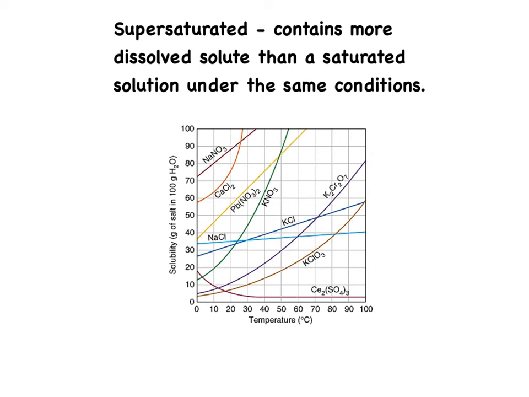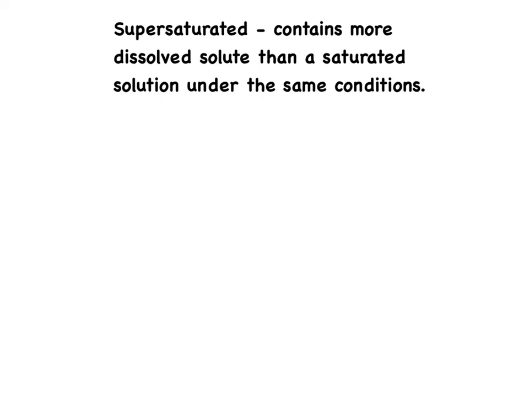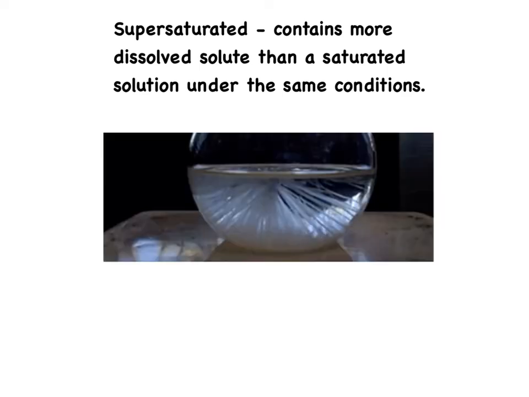However, it's really difficult to create a supersaturated solution, and most compounds won't do that for you. You end up having to heat the solution up first to get more solute to dissolve, and then let it slowly cool back down to its original temperature. But a supersaturated solution is highly unstable.